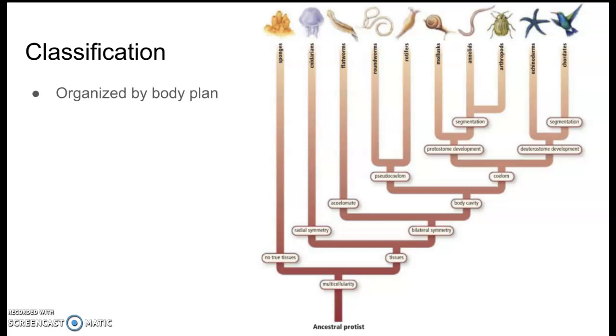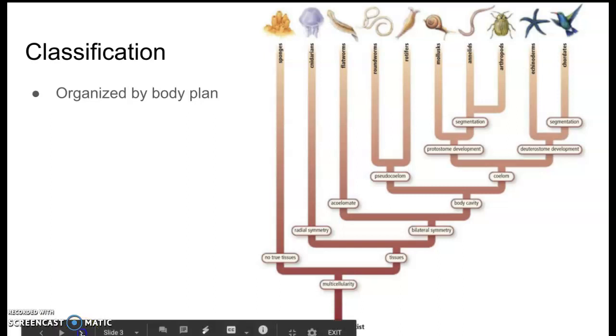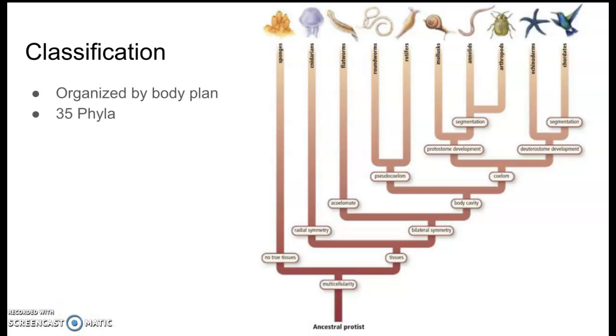You'll notice here this is our cladogram for animals, and there are 35 different phyla that animals get classified into. We will not be covering all 35. We're going to cover the majority of the ones that you see here.